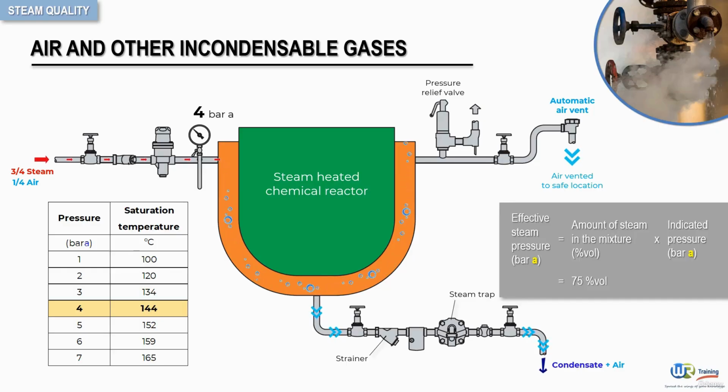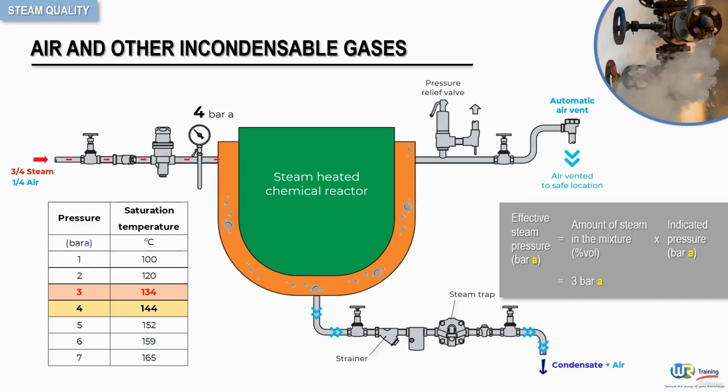So, 75% of 4 bar absolute. This gives 3 bar absolute as the effective steam pressure. Let's use the steam table to determine the saturation temperature of steam at 3 bar absolute. As seen here, the saturation temperature is 134 degrees Celsius.